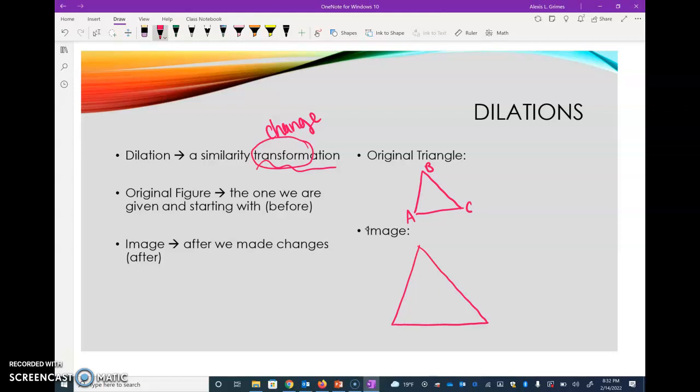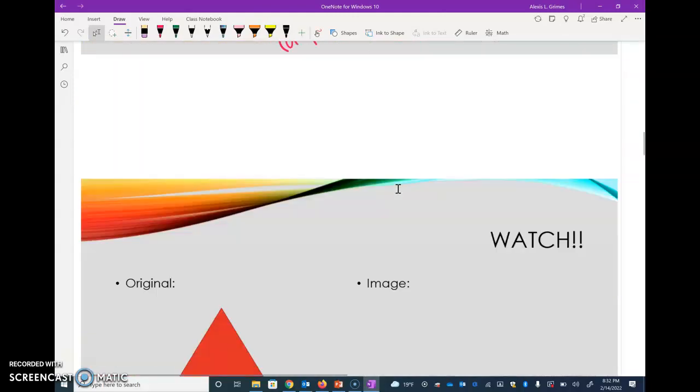We would call this A prime, which just looks like a dash. Pronounced A prime. That's just what we call images with the points. So A prime, B prime, and C prime. So whenever you see just A, B, and C, that's the original. When you say A prime, B prime, C prime, that's the image, the new triangle.